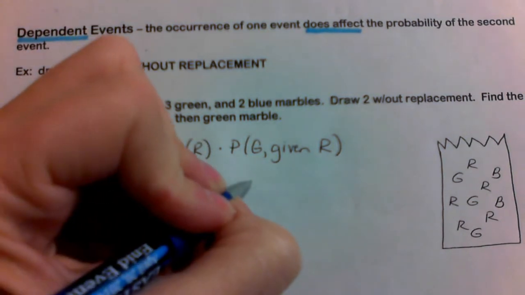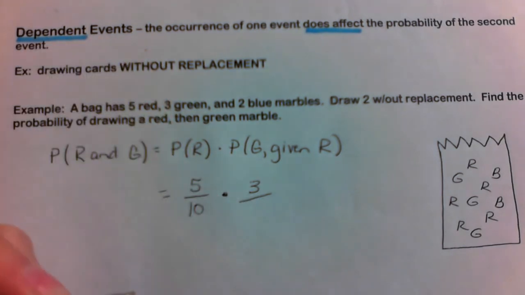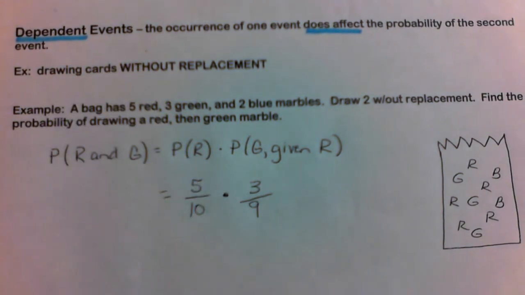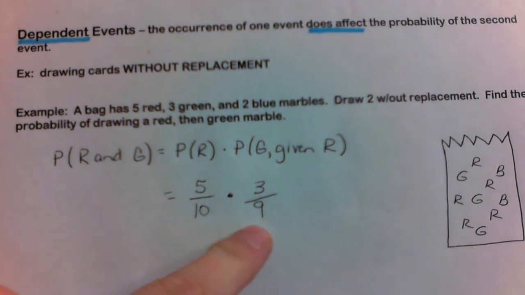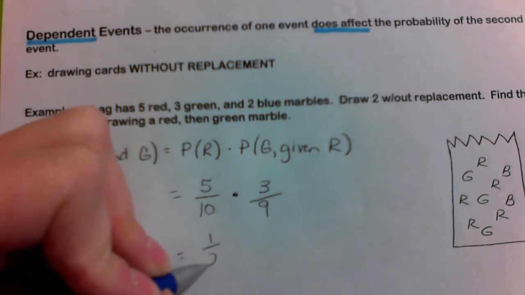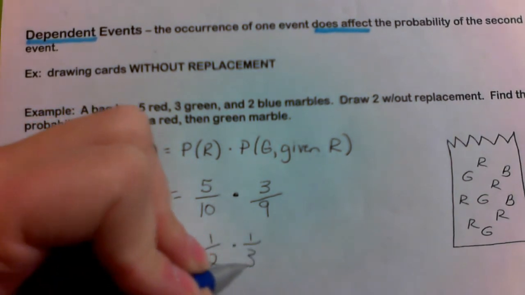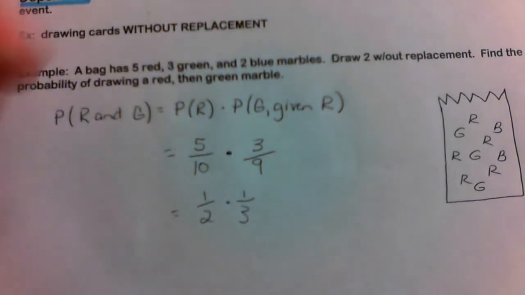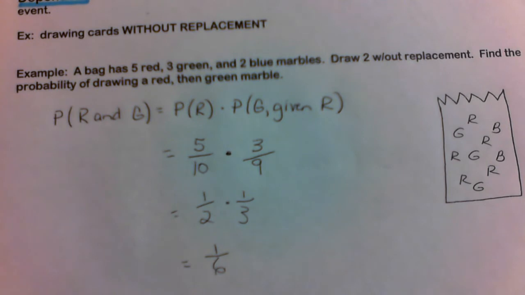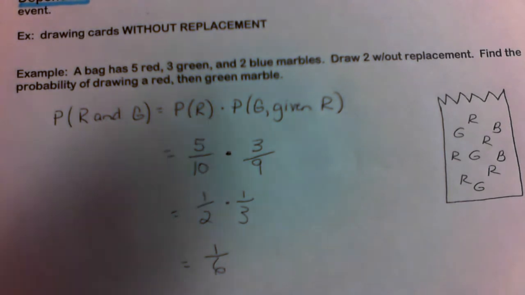Well, there are still 3 green marbles in there, but there are no longer 10 marbles in the bag. There are only 9. So this denominator was affected because we had without replacement. So we actually have 1/2 times 1/3. So we get 1/6 is our probability. And again, that's a number between 0 and 1, so I'm good.